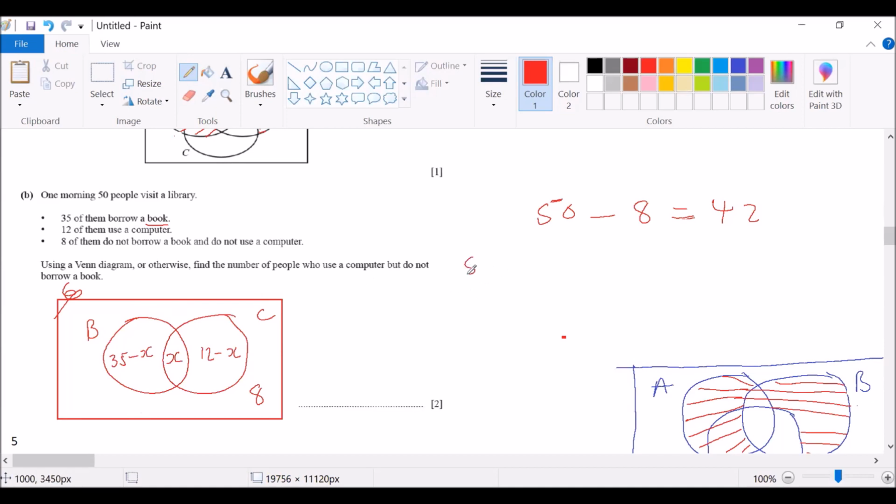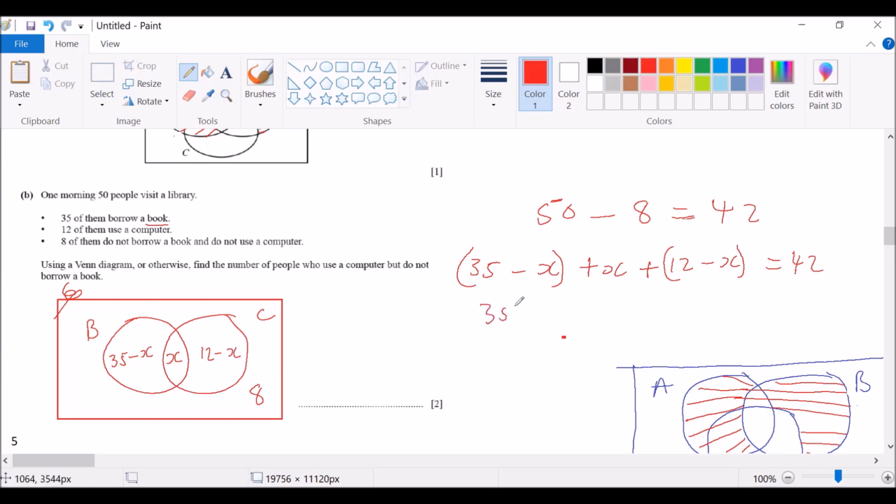So if we say 35 minus X plus 12 minus X, which are those ones, plus X is X, is equal to 42. Then we can get the value of this center, this intersection here.